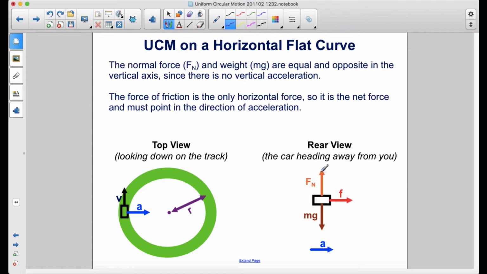The normal force and the weight are equal and opposite in the vertical axis, since there is no vertical acceleration. The force of friction is the only horizontal force, so it is the net force, and thus must point in the direction of acceleration, to the right.